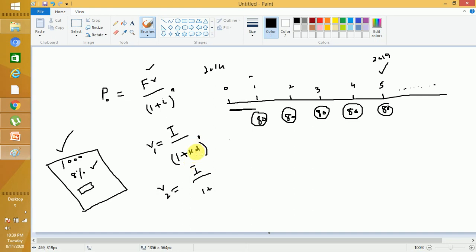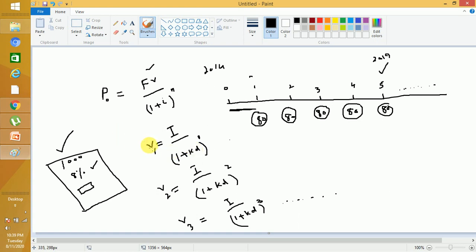And you know the discount rate depends on the CAPM rate. KD raised to the power 2. So similarly V3 is I divided by 1 plus KD raised to the power 3, and so on: 4th year, 5th year, 6th year, and so on.